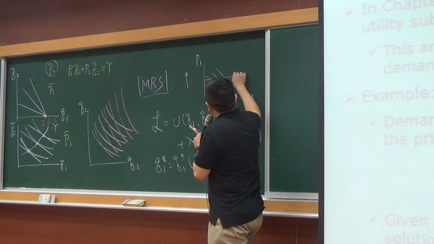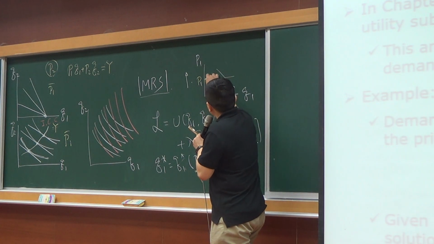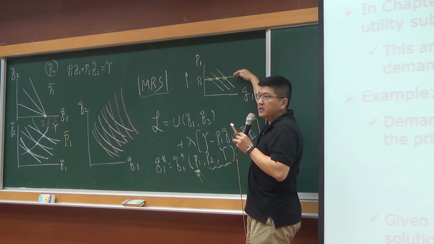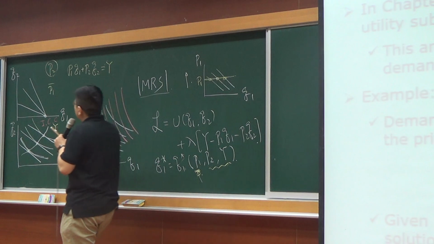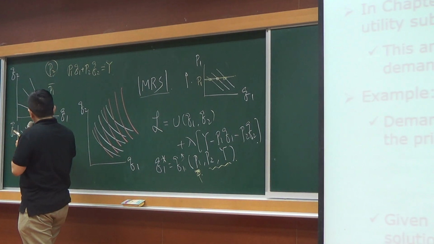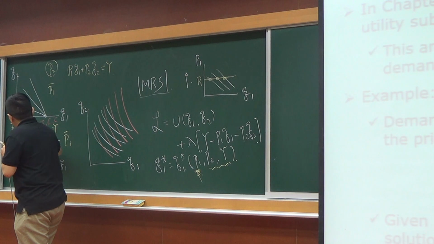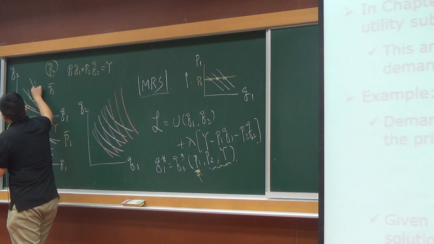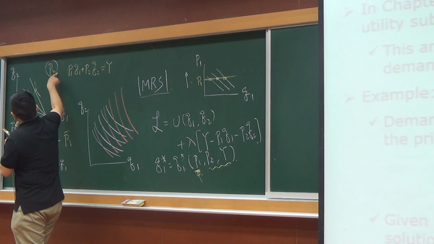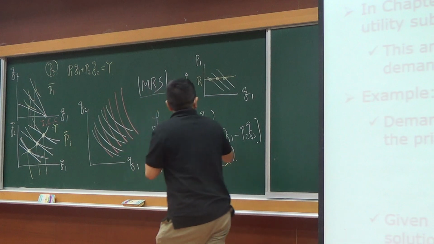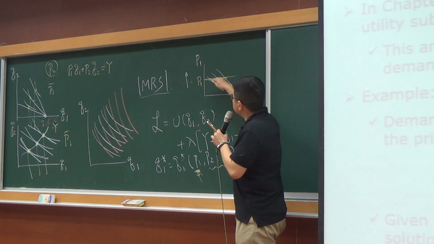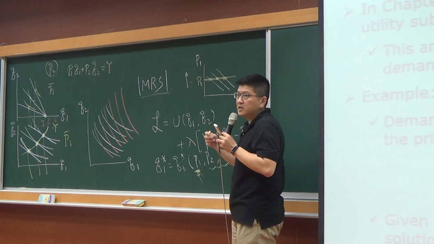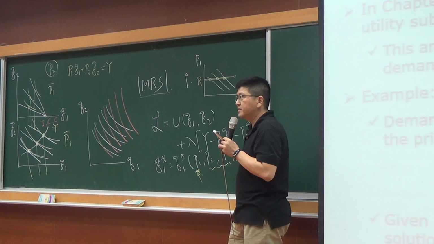Because in that case, P1 should be held constant. P1 is held constant. So any quantity change caused by the change in P2 or the change in Y would just look like this because P1 is held constant. It is no more a movement along the demand curve.